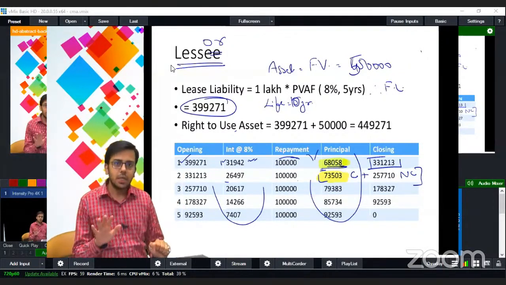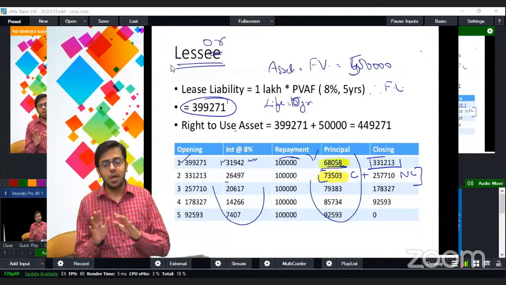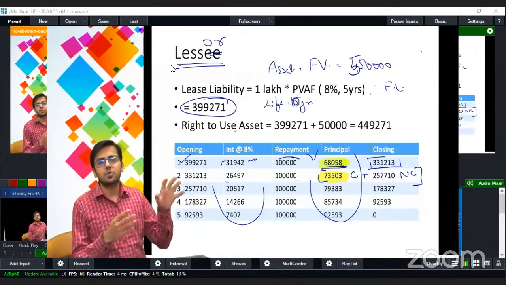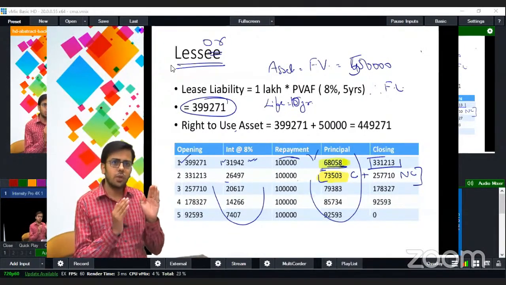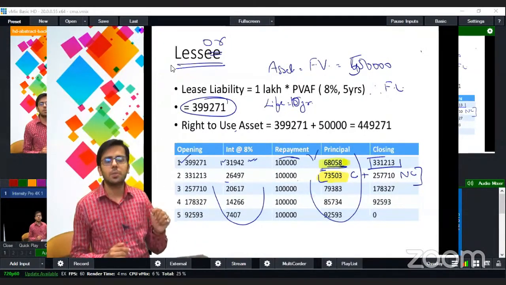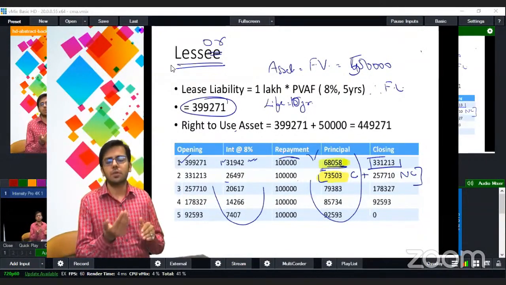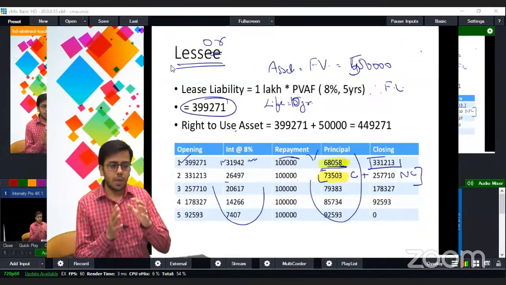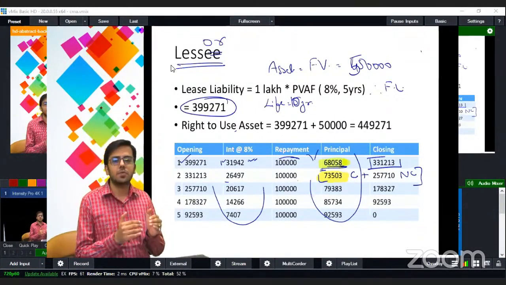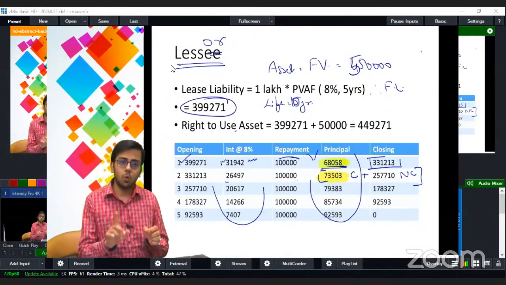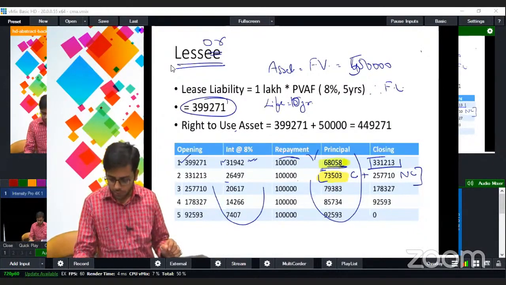For lessee, it will always have the same accounting treatment as we have in finance lease. There is only one, single accounting treatment, as we have discussed over here for lessee under Ind AS 116. For lessor, we have to check whether it is finance lease or operating lease. But in case of accounting standards, we have to check whether it is operating or finance for both lessor and lessee. I hope that clears your doubt.